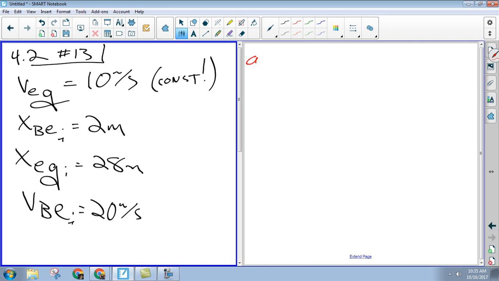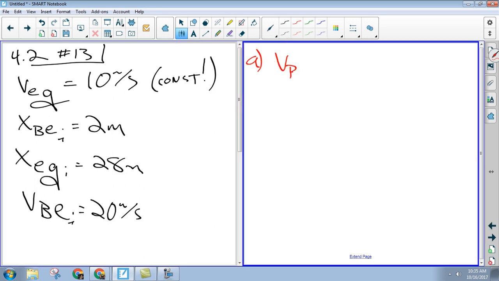So for part A, what's the velocity of the ball relative to the ground going to be initially? What do you guys think? Well, that's the velocity of the ball relative to the elevator initially, plus the velocity of the elevator relative to the ground initially, right?